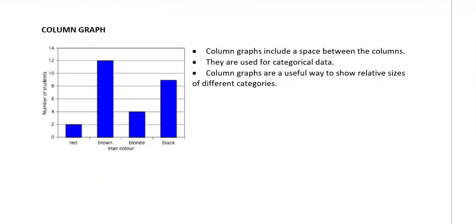Then we have a column graph, which is very similar really with those vertical columns, but the difference is that there is space between the columns. And this is usually used for categorical data. Categorical is what we call like a word answer. You can see down here, they've asked people's hair color. Okay, so red, brown, blonde, or black colored hair.